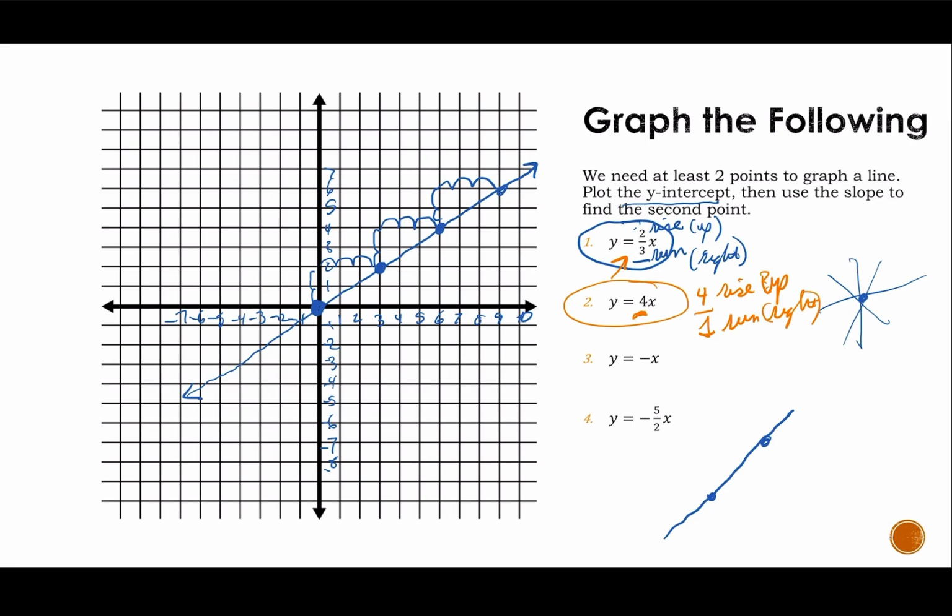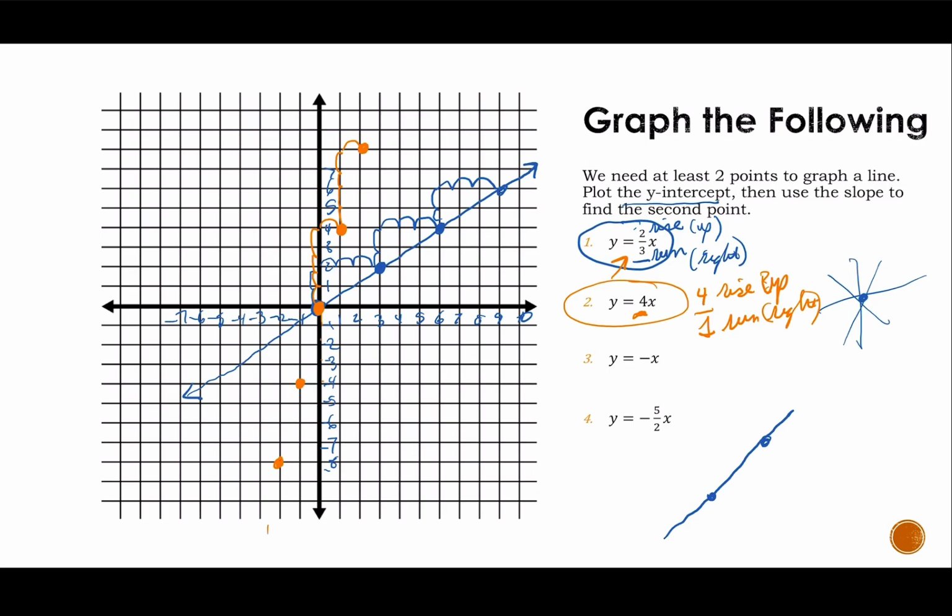So my y-intercept is 0. I'm going to go up 4 and then over 1. I'm going to go up 4 over 1, right? So I could find more points. I could even do the opposite. I could go down 4 and then left 1, down 4 and then left 1 to find even more points on this line.